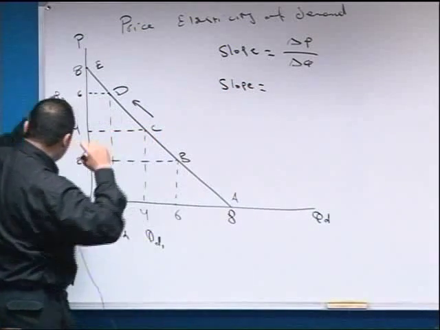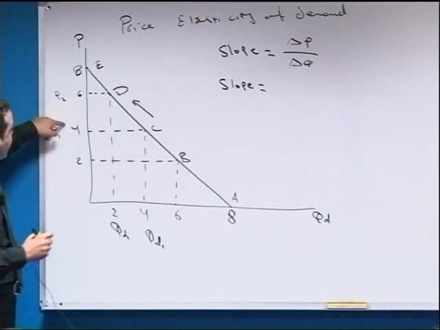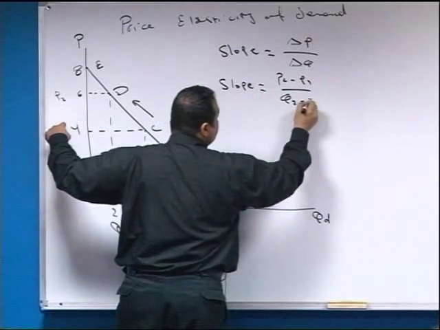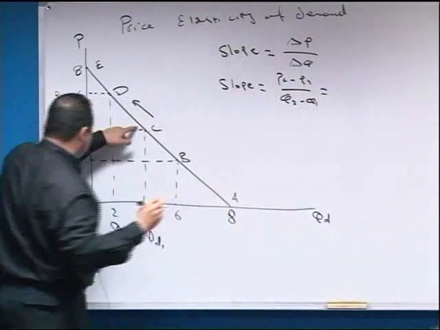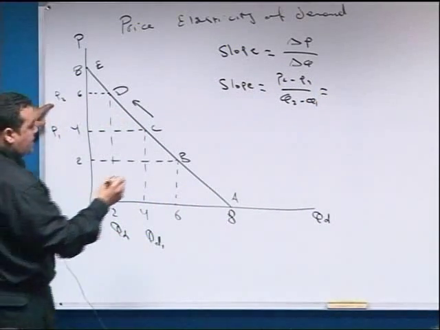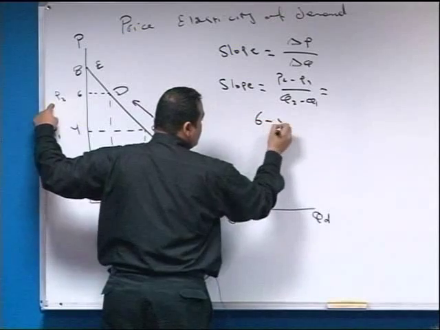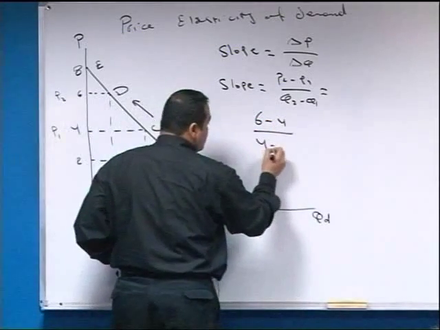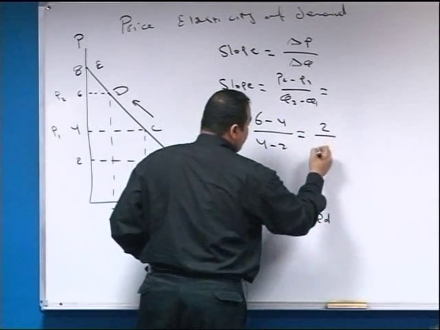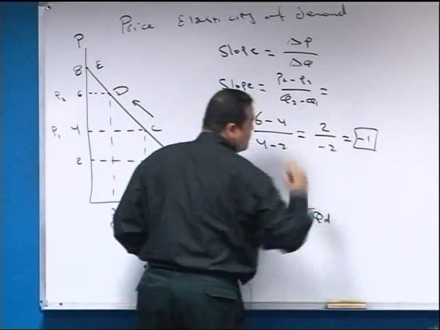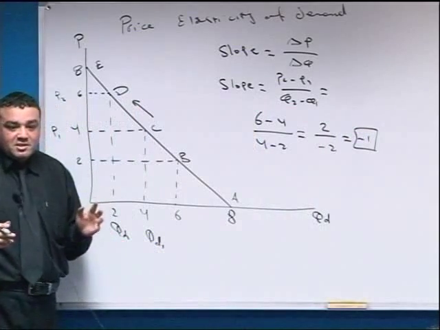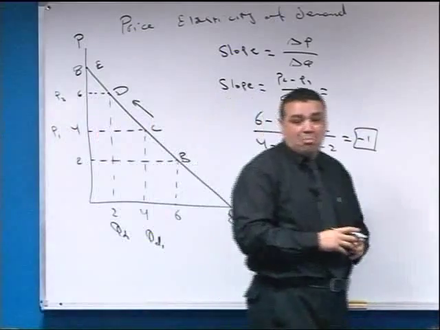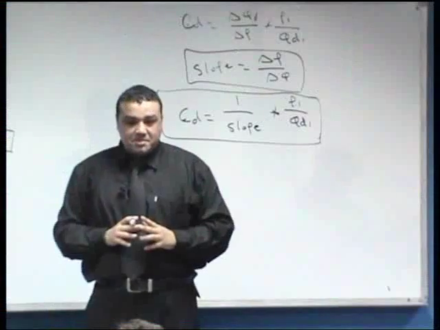equals P2 minus P1 over Q2 minus Q1, from C to D, 6 minus 4 over 4 minus 2, equals 2 over minus 2, equals minus 1. If we calculate the slope along this demand curve, it would be minus 1 in all cases, right?